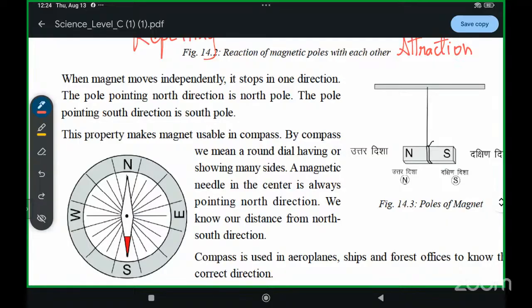That is North Pole. So why does this happen? That North Pole indicates the Earth's natural magnetic field. The magnet lines up with the Earth's natural magnetic field. Do you know that our Earth also has a magnetic field? And the needle in a compass is a magnet.